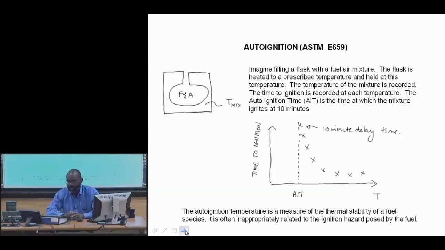So just to talk about what the test actually entails, you can imagine a flask where there is some sort of heater control. So imagine that we have this vessel where we might be able to resistively heat it and modify the temperature of the wall, and by definition really the temperature of the mixture inside.